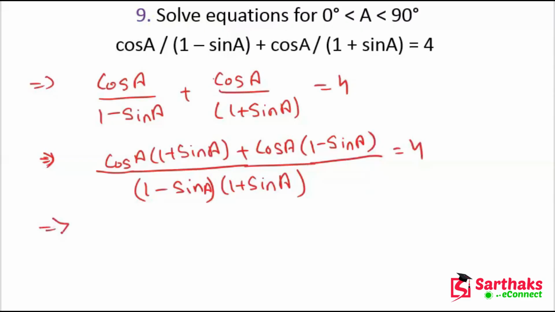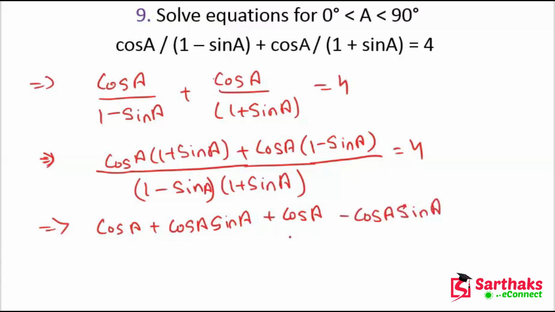Now if we solve this, we get cos A plus cos A sin A plus cos A minus cos A sin A, and the denominator will become 1 minus sin square A, and this is equal to 4.